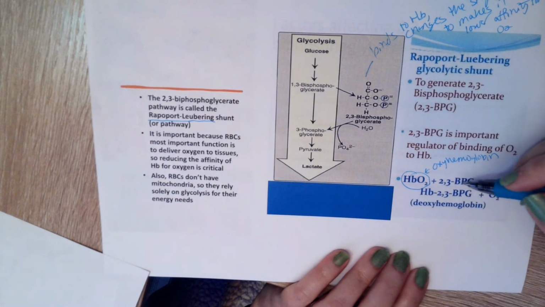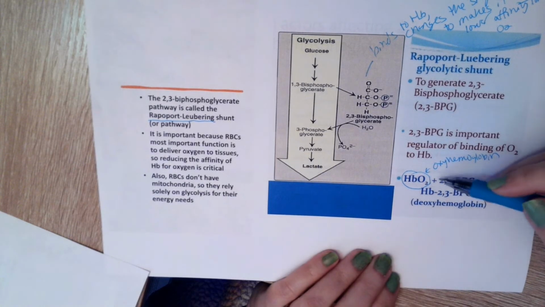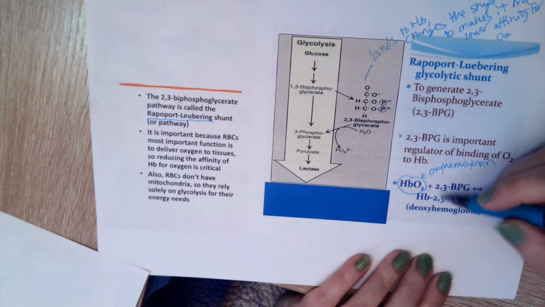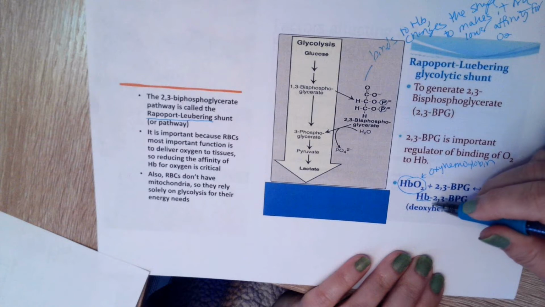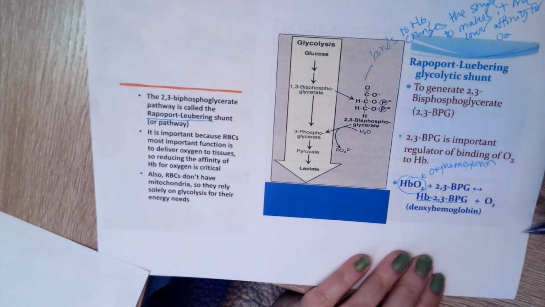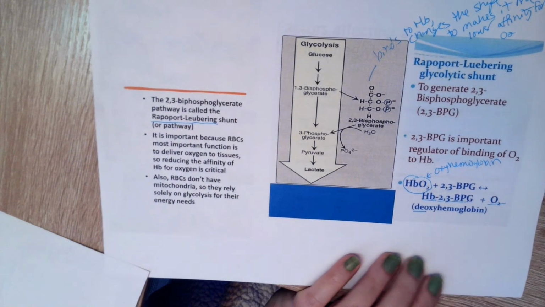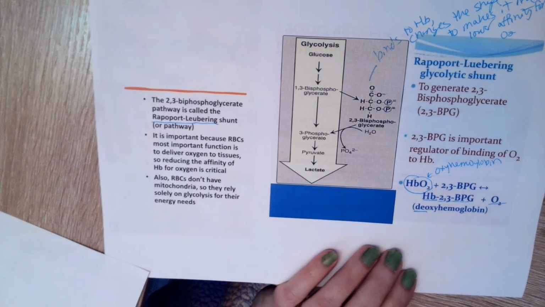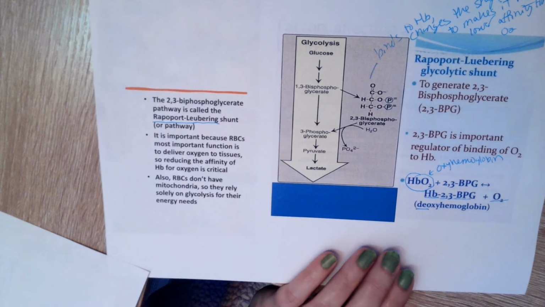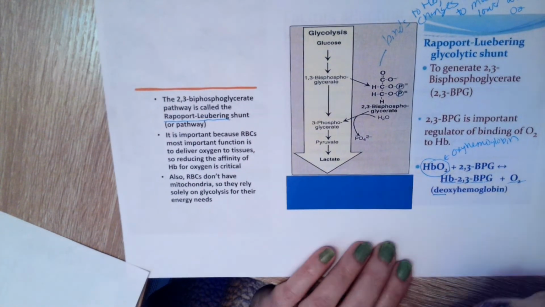We put the 2,3-biphosphoglycerate onto it, it binds to it, changes the shape, so our hemoglobin now has the 2,3-biphosphoglycerate on it, and it has let go of an oxygen, and it's called deoxyhemoglobin. So we've let go of our oxygen. The oxygen can diffuse out into the blood, into the tissues, and into the cells.